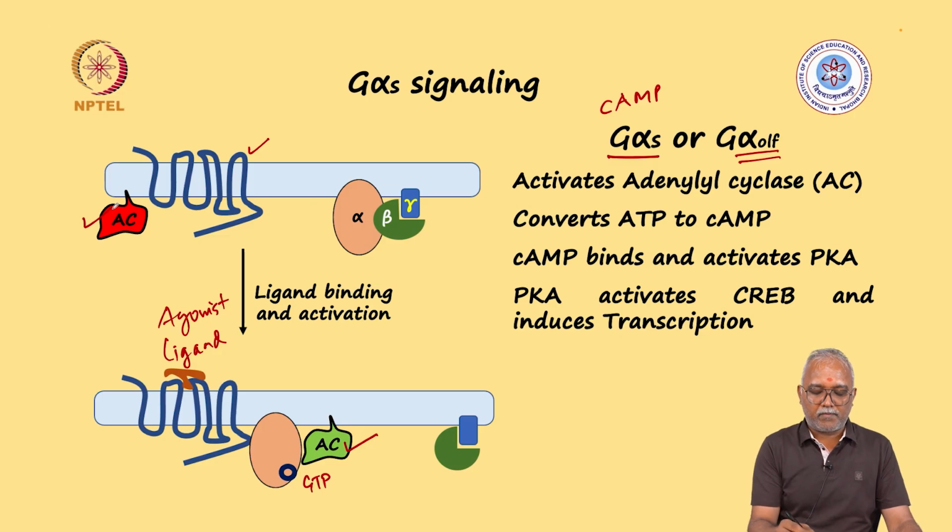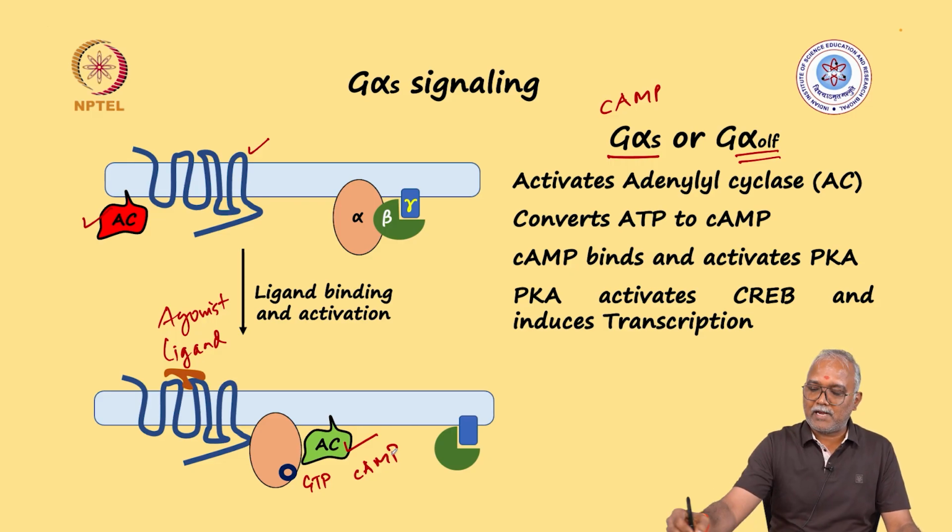So once the GTP bound G-alpha is activated, it works on the adenylyl cyclase, which is further activated to produce cyclic AMP, a cyclic nucleotide.